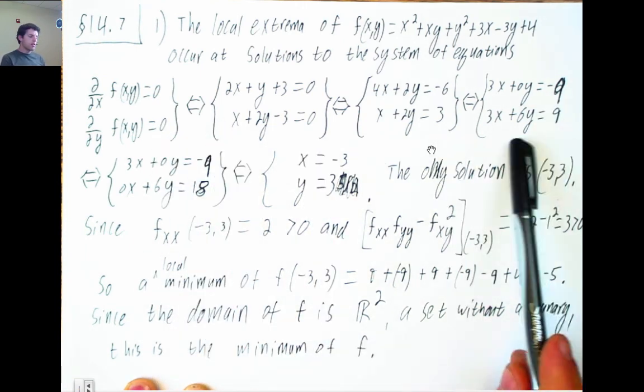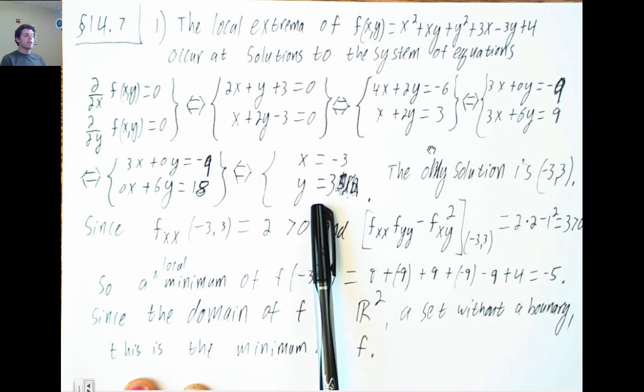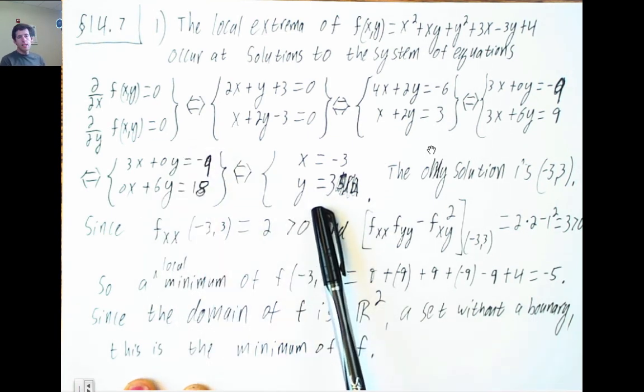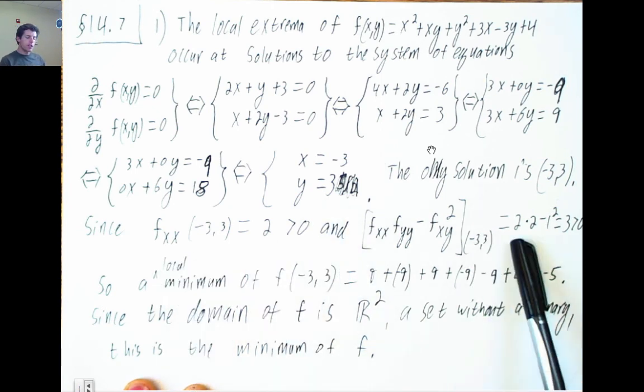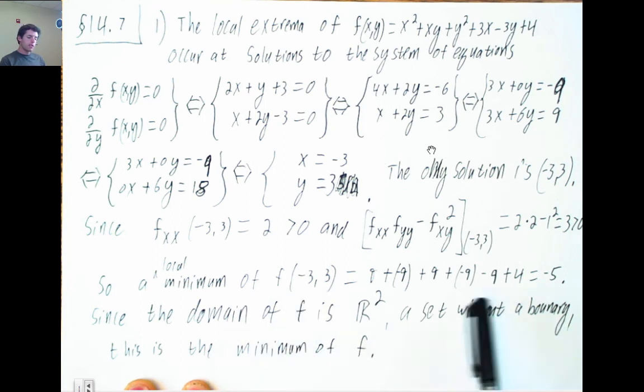I showed you a method of putting together equations where you simplify the system of equations to something where it's really easy to read off the solutions. And then the second derivative test right here tells you if you have a local minimum or a local maximum. You then have to compare the value of the function at those local minima and local maxima to the value of the function at all other critical points, but there weren't any other critical points. So I found the minimum.